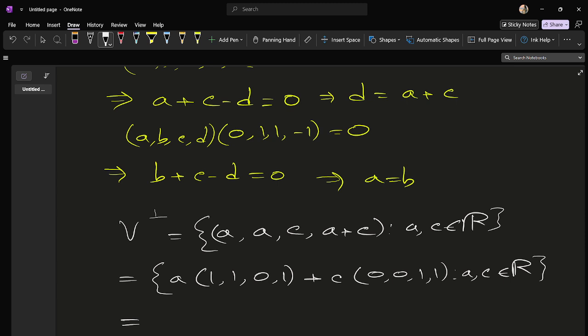So the basis of V perp is (1, 1, 0, 1) and (0, 0, 1, 1).